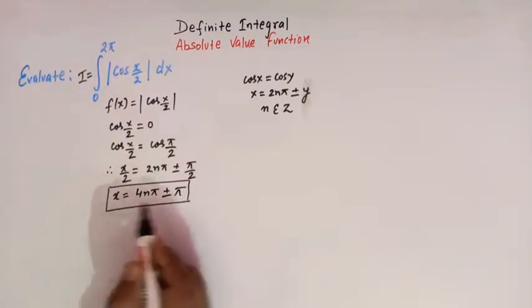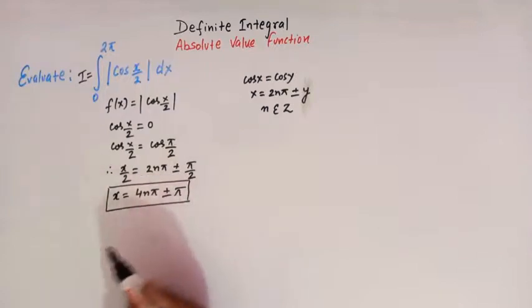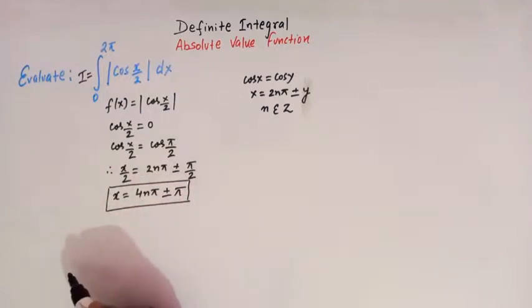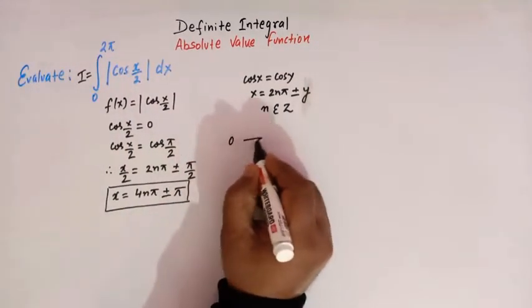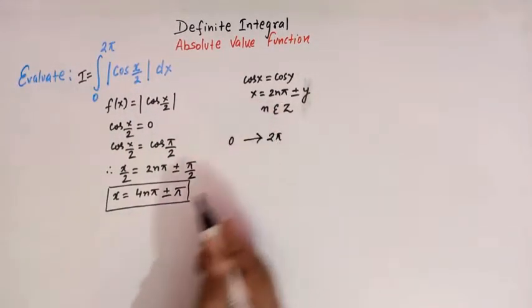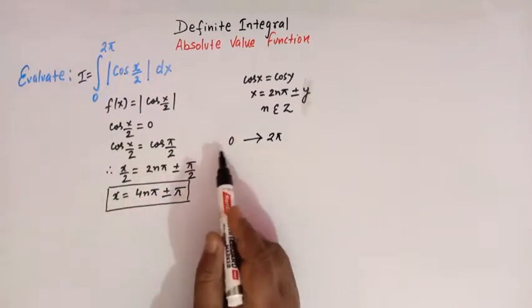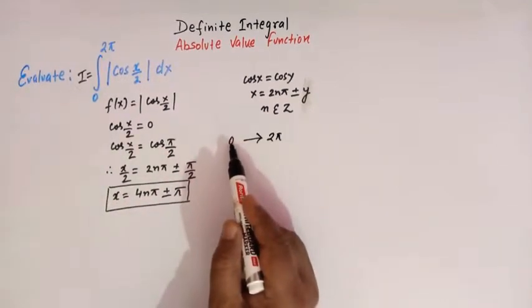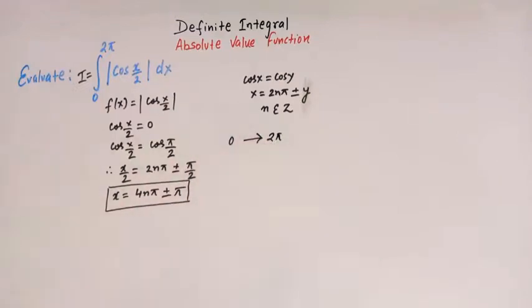If we substitute different values of n, we'll get different solutions, but since the limits of integration are from 0 to 2 pi, we are interested only in those values of x which lie in this interval, that is from 0 to 2 pi.